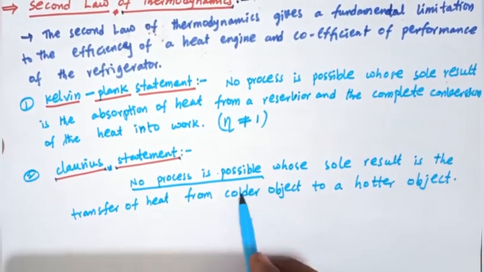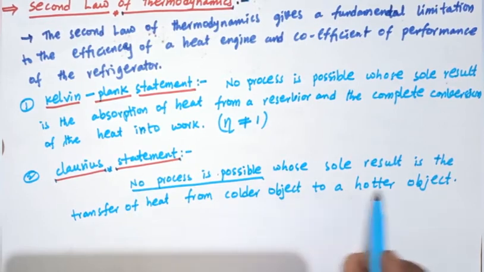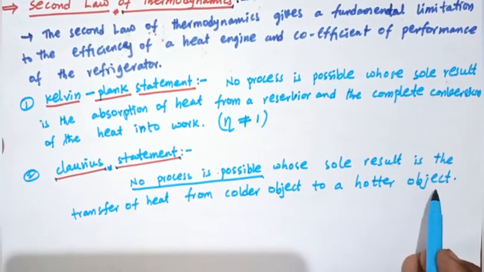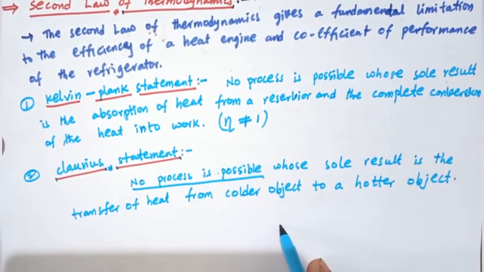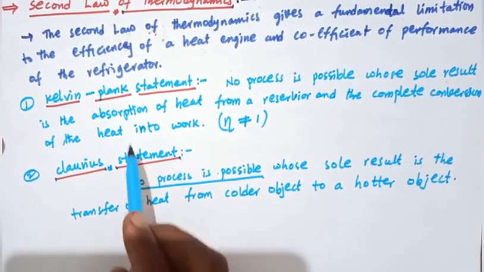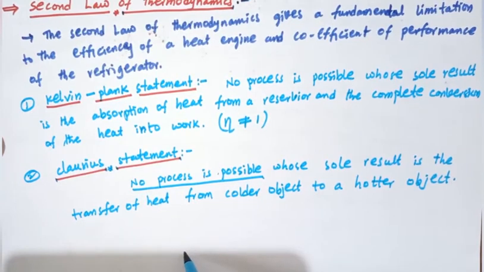When we want to transfer heat from a colder object to a hotter object, we can use a refrigerator, a device. That is the second law of thermodynamics.